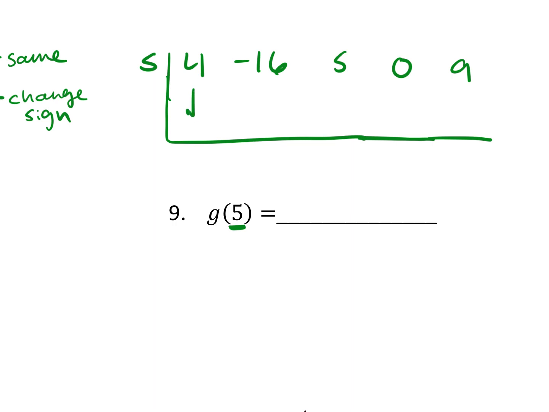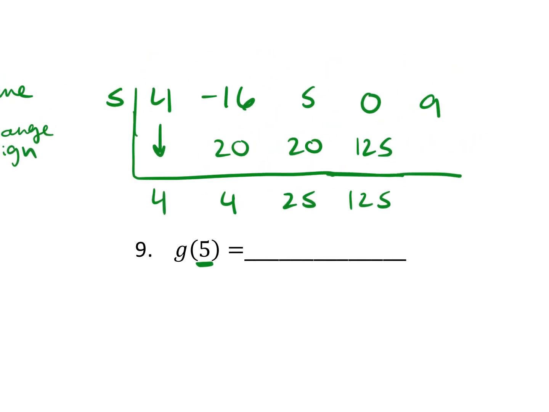Synthetic division. Drop down the 4, multiply, add, we get 4. Multiply 20, add 25, multiply 125. 5 times 125 is 625.